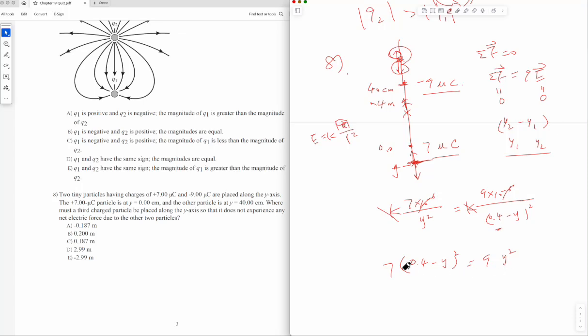And remember y is negative, below 0. Just plug in and you can find either A or E. Actually, E will be your answer. So that's the first research quiz for chapter 19.